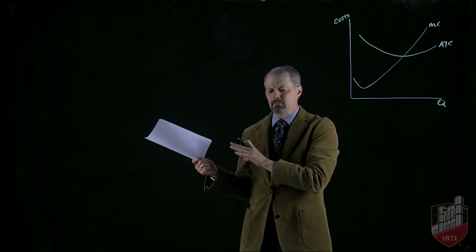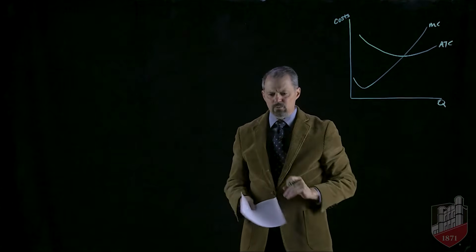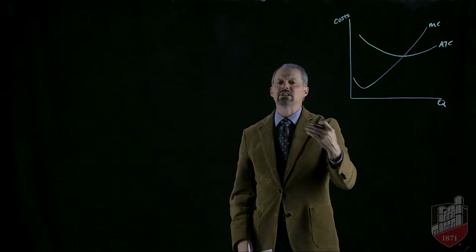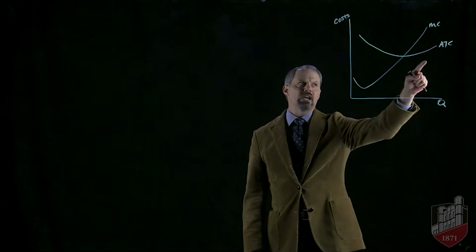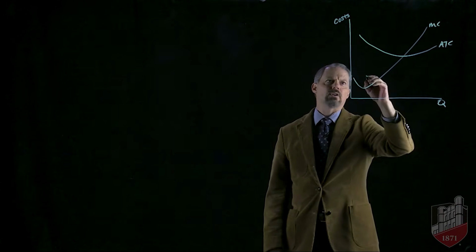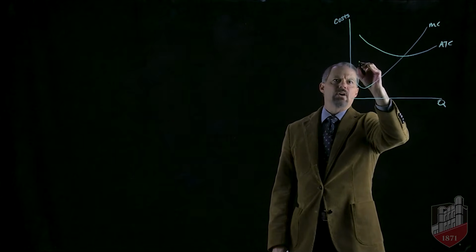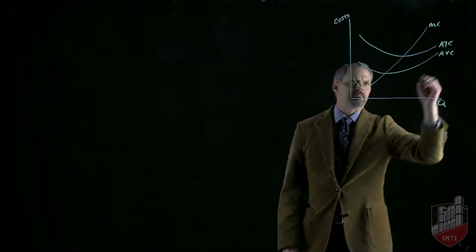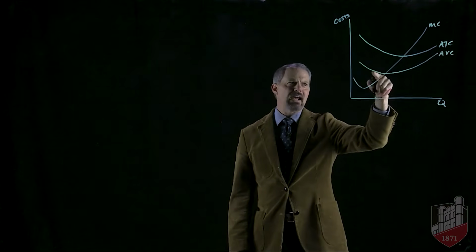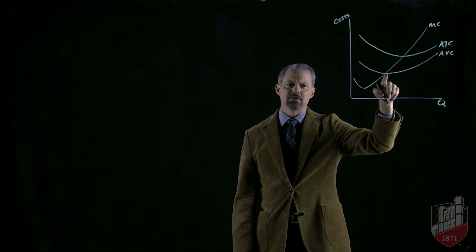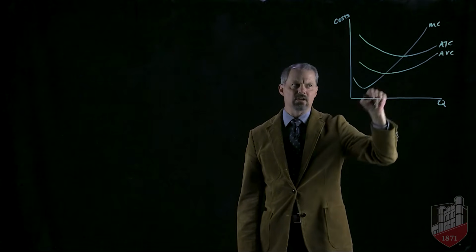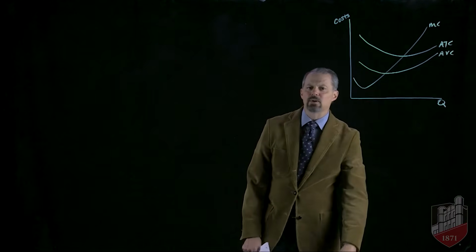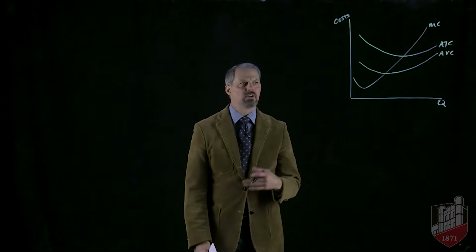In my other picture that I just erased, it was linear and upward sloping. Usually it's U-shaped. It's shaped a lot like the average total cost curve. And so I'm going to draw it like this. There's average variable cost. The bottom of that average variable cost curve also is the place where the marginal cost curve intersects it. So that is the typical cost curve picture that we're going to be thinking about.